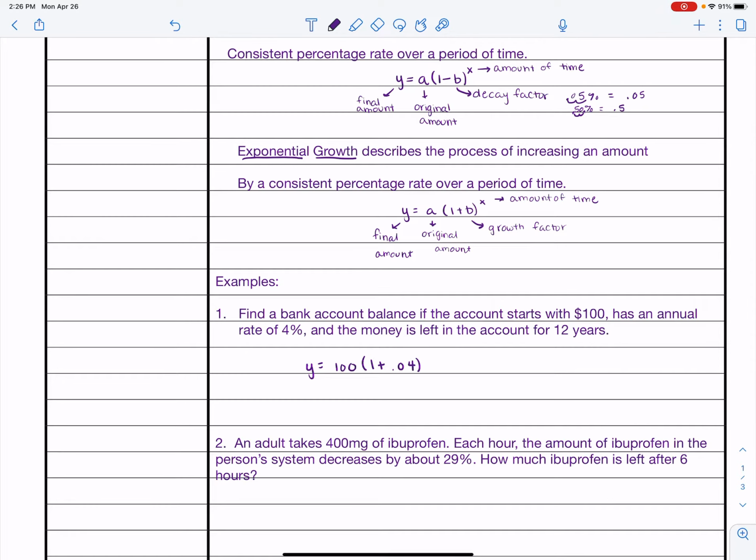Now it says annually, which is per year, so our time is in years, so we're to the 12th power. So then I have 100 times 1.04 to the 12th power equals $160.10. Because it's money, we're going to round it to 2 decimal places.